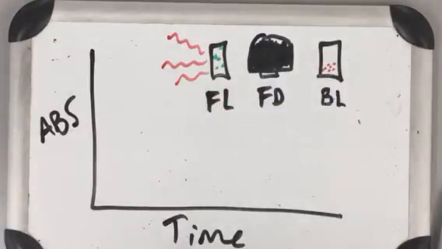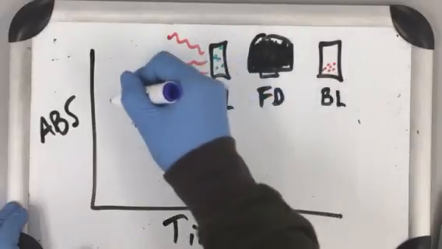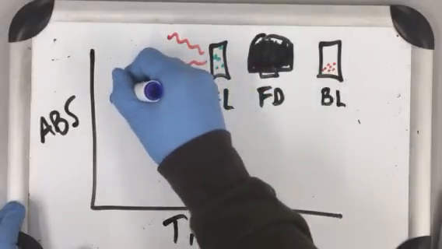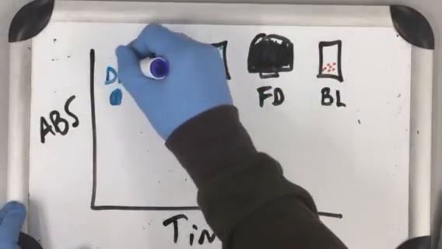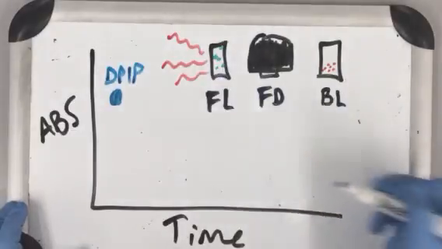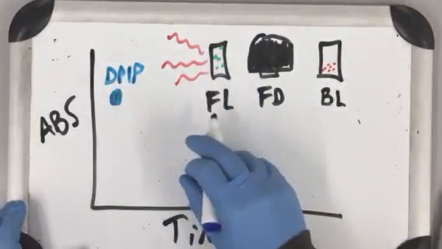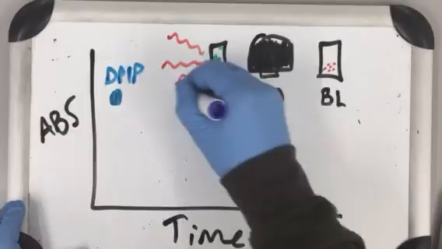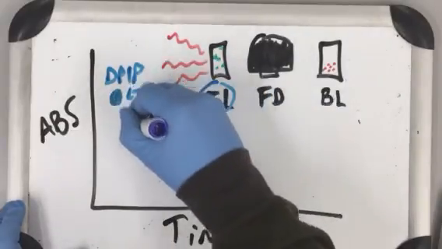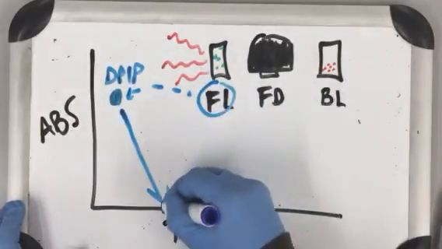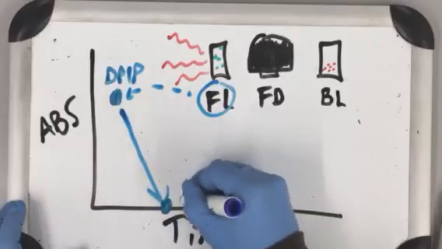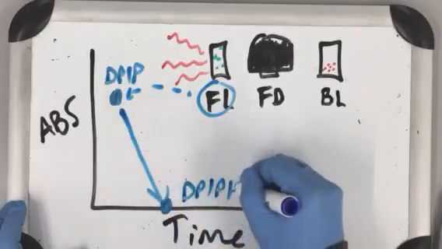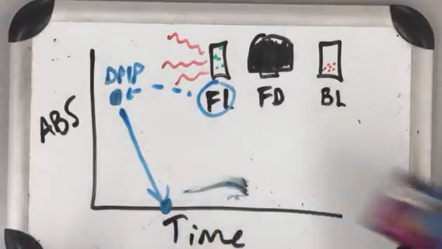If I was to document this, we would start out with our DPIP up here, and it should go down. So say this is fresh light right here. It should go down very quickly, and it should all be reduced to the colorless DPIPH.